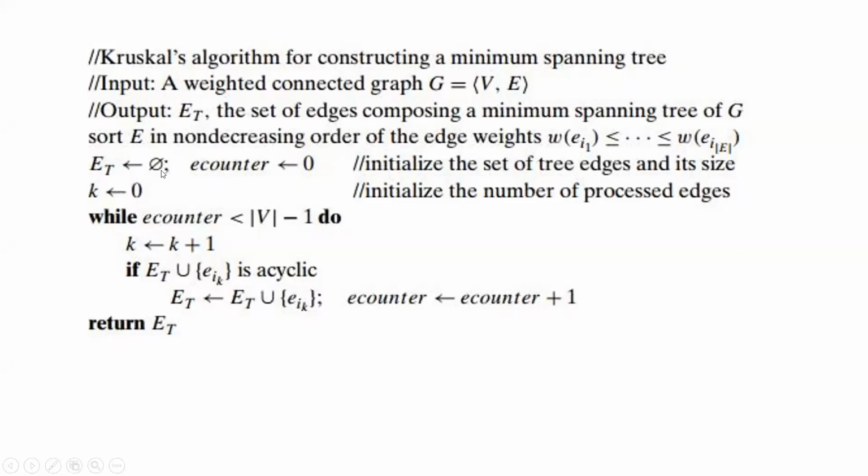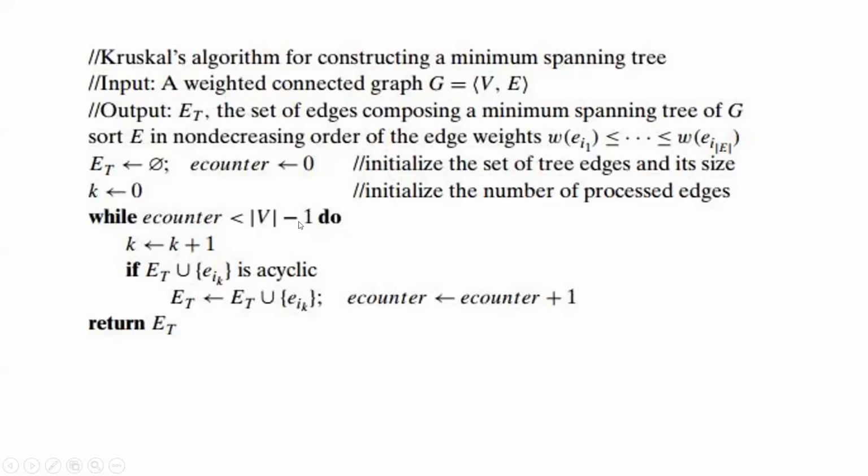starting, no edge will be selected, and hence the set ET is null, and the edge counter will be 0. Initialize the set of tree edges and its size. Next, k equals 0. Just have a variable. While the number of edges selected, the edge counter, is less than the number of vertices minus 1.